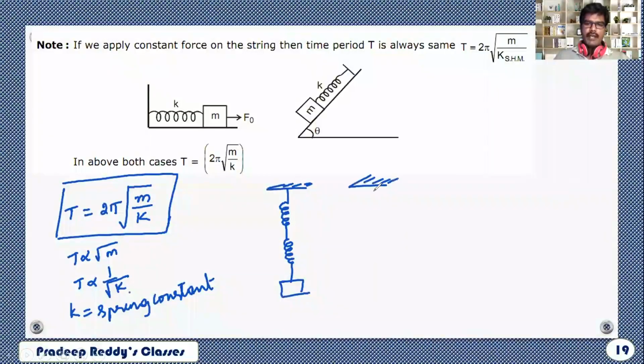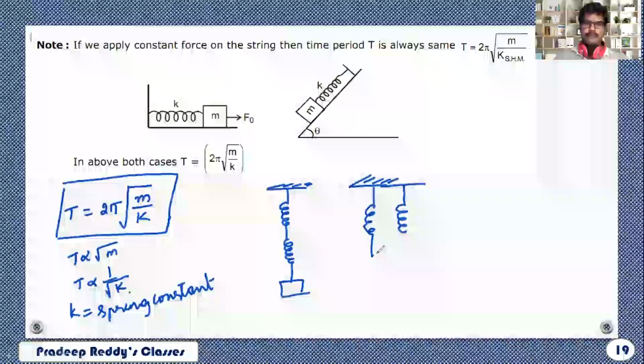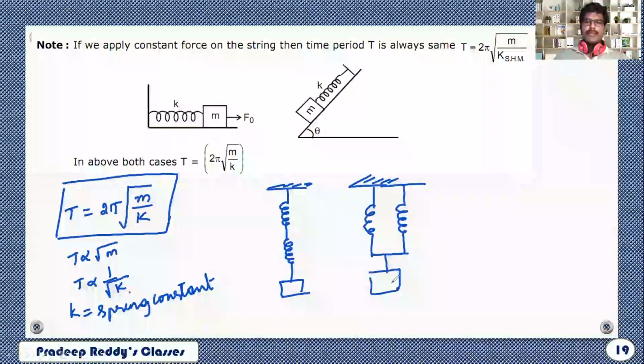Likewise, you can have two springs which are attached over here. So these two springs can be attached in parallel, right? So these two springs are attached in parallel.